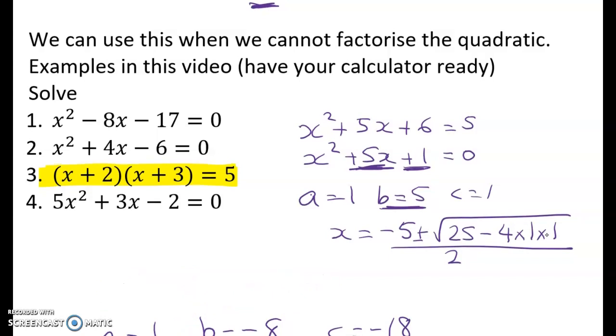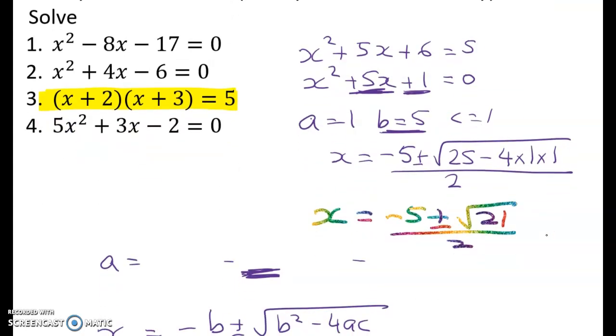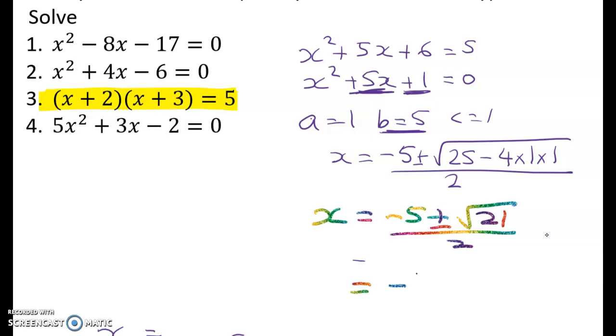Okay, so that gives us x is equal to negative 5 plus or minus the square root of 21 over 2. And put that in your calculator, see what you get out. An approximate answer to that one is negative 4.791 or negative 0.209. So that's that one done.